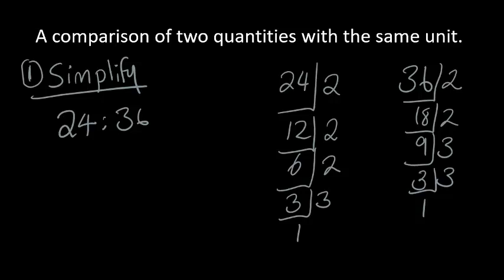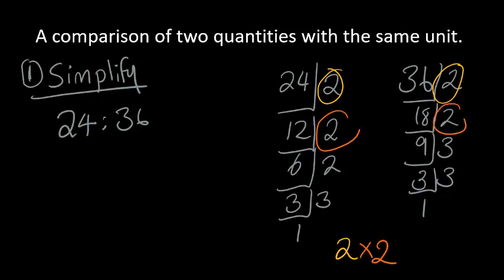If I do my highest common factor, I'm going to write 2 because those are in common. I've got an orange 2 and a pink 3. So technically I have 2 times 2, which is 4, and 4 times 3 is 12. So my highest common factor is going to be 12.